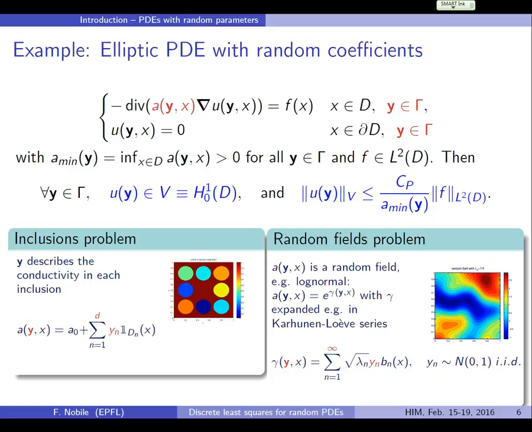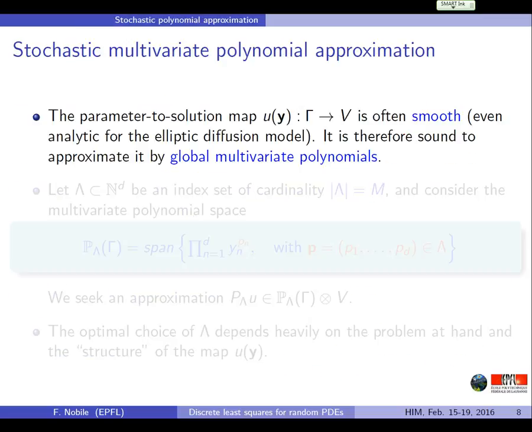Under reasonable assumptions on the dependence a of y, you can show that this dependence is analytic. So you have infinite regularity. You can differentiate this solution map infinitely many times with respect to any y. Because of this smoothness, it's not a crazy idea to try to approximate this map u of y.